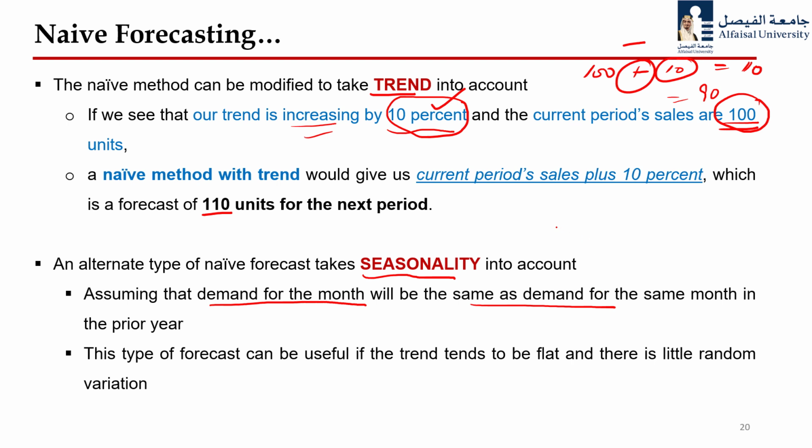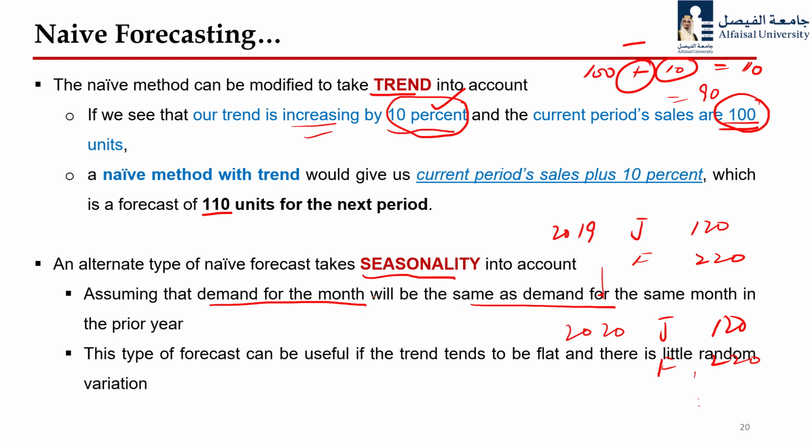Which means if in 2019 January the value was 120, it indicates that in 2020 the January value would be equal to 120. If the February value in 2019 is 220, then according to the seasonal Naïve forecast, it is going to be 220 for February, and so on.